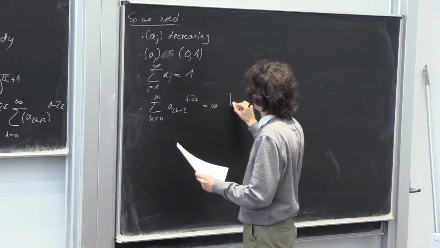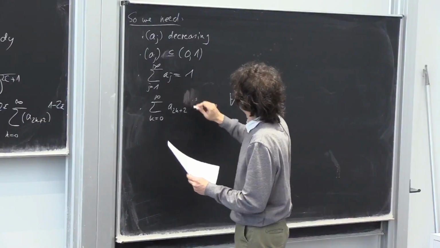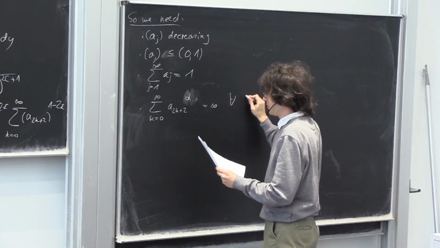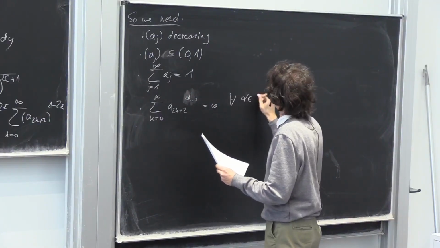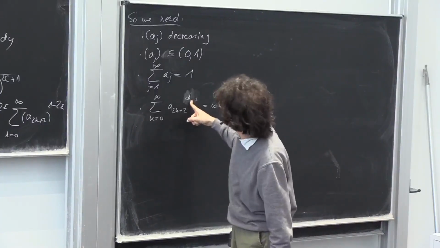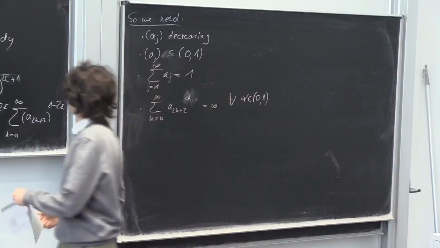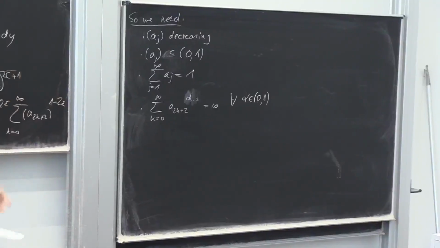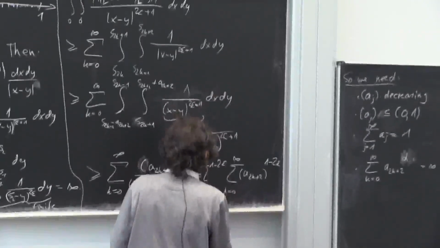And it has to diverge for all alpha in 0, 1. So alpha is somehow 1 minus 2 epsilon. This has to diverge because we want to have this to be infinity.